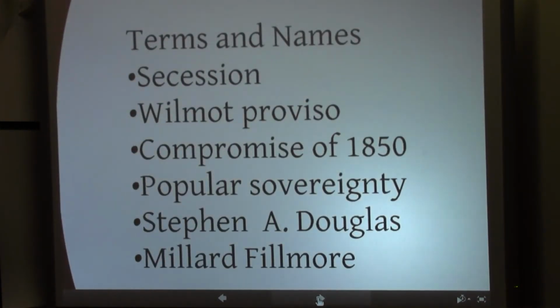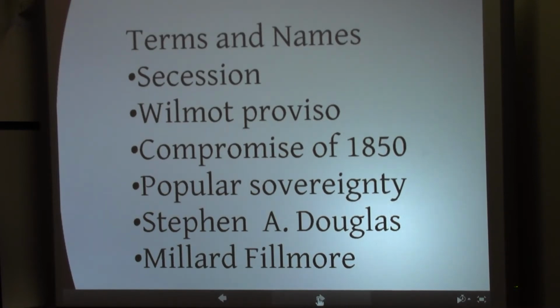Terms and names for Section 1. Secession: decision by a state to leave the Union. The Wilmot Proviso: a bill that would ban slavery in the territories acquired after the war with Mexico. The Compromise of 1850: a series of measures that were intended to settle the disagreements between free states and slave states.